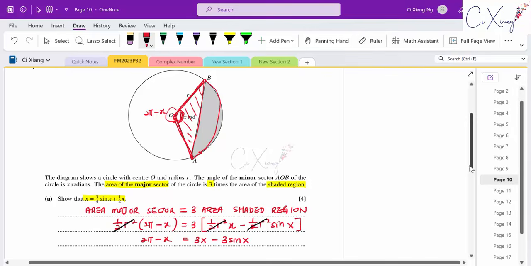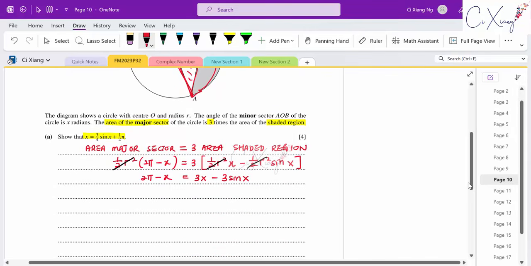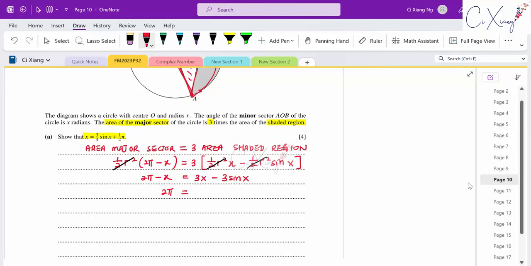Okay, now I will slowly rephrase my equation so that I can get the equation that they want us to prove in part A. I will group all the x together, so I'm having 4x here. So 4x equals 3 sine x plus 2 pi.